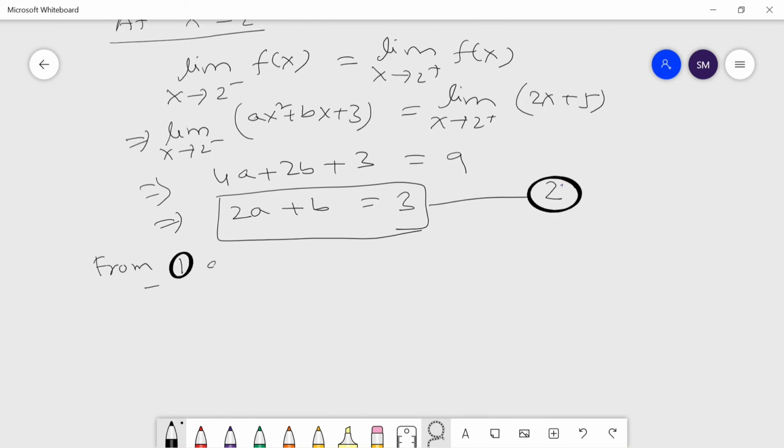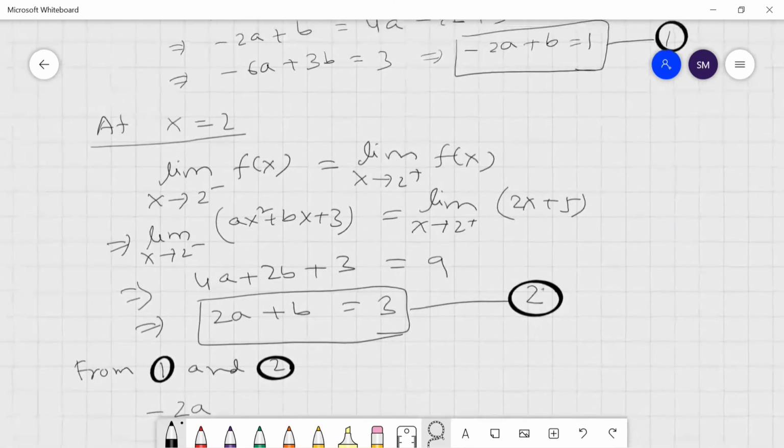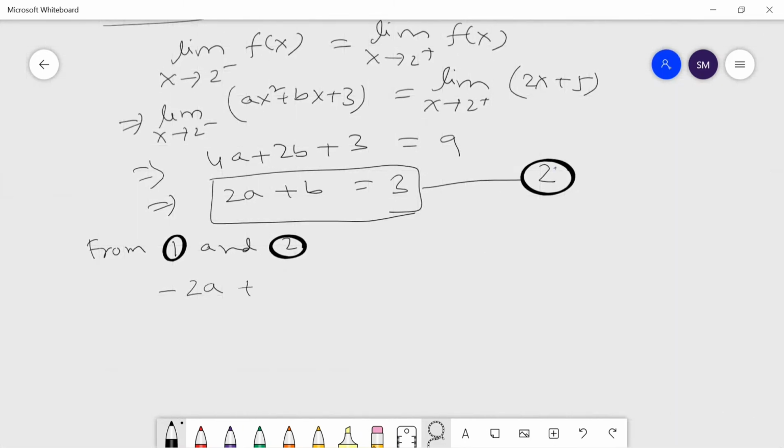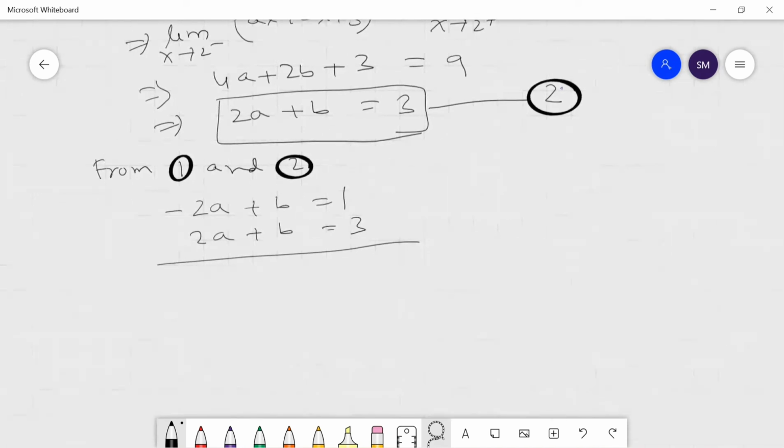From 1 and 2 we have minus 2a plus b equal to 1, and here we have 2a plus b equal to 3. Now solve them.